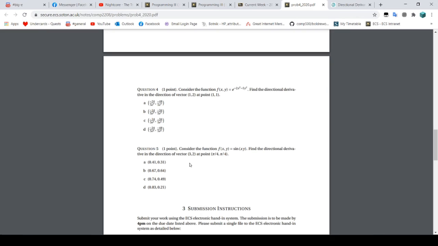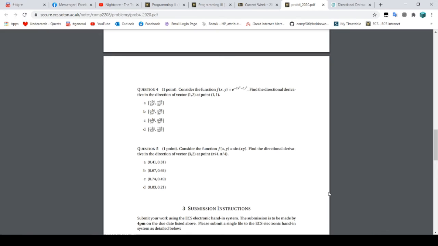And then I times that by 3 over root 3 squared plus 2 squared. I got 0.37. You know what 0.37 is? It's not one of the choices, guys. It's not one of the choices.